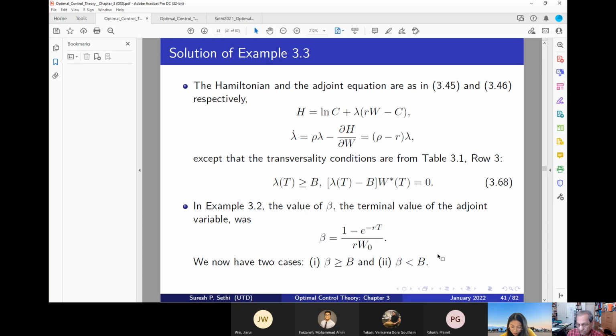If this quantity is strictly bigger than 0, then the only way to satisfy this condition is by setting lambda T equal to B. And that's what we did.